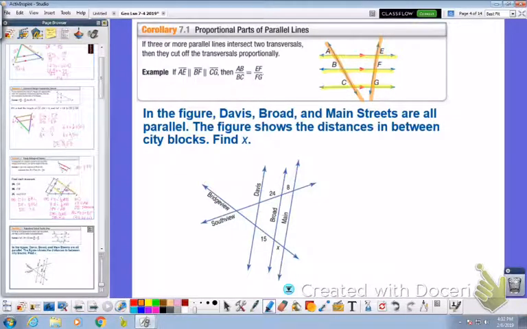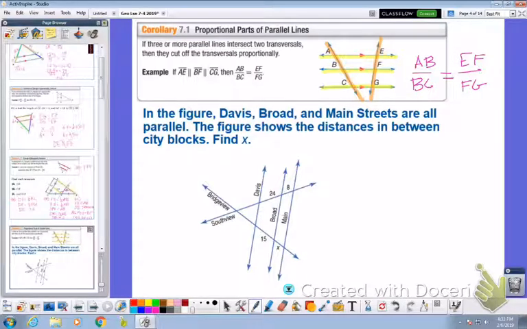Then what's happening is you're not making congruent segments, you're making proportional segments. So what it's saying is we can take AB and it would go with BC. Those two would be proportional to EF to FG. Or you could have went BC to AB, and then you would have to do it in the same order, FG to EF.